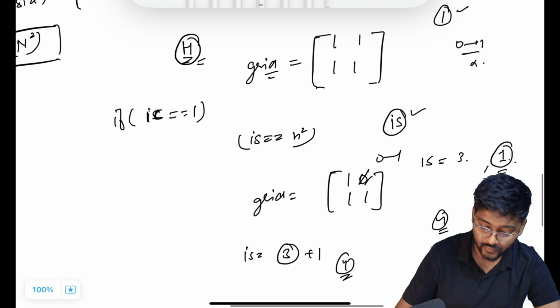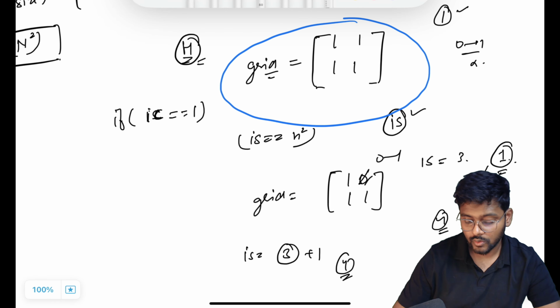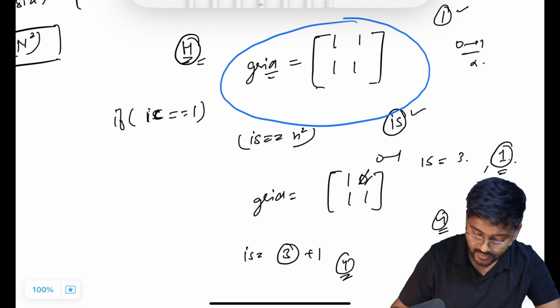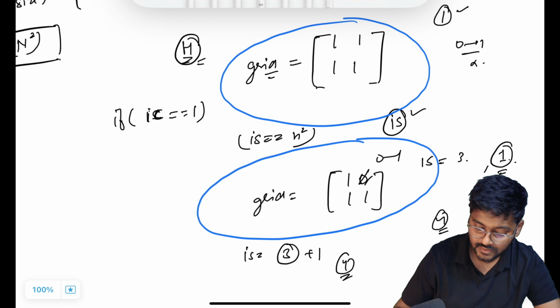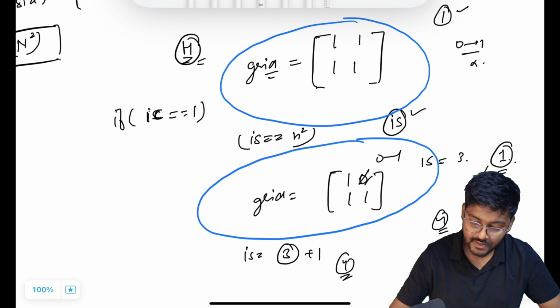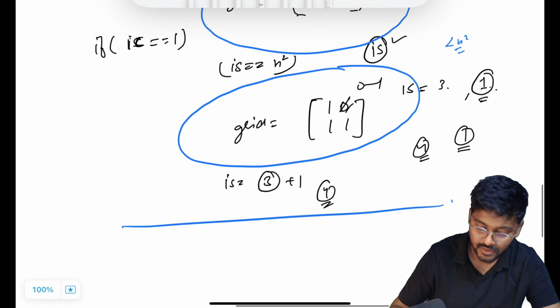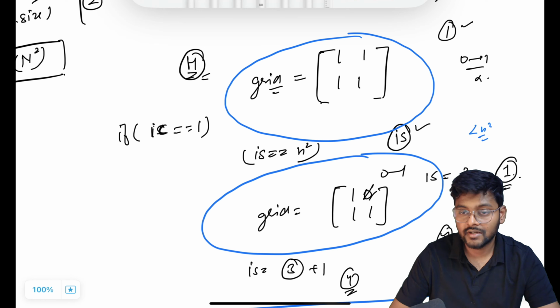So these kinds of corner cases, when the island count is 1 and all the cells are occupied by land cells, and when there is one island and that island's cell count is less than n square, these kinds of possibilities you need to capture as your control statements.